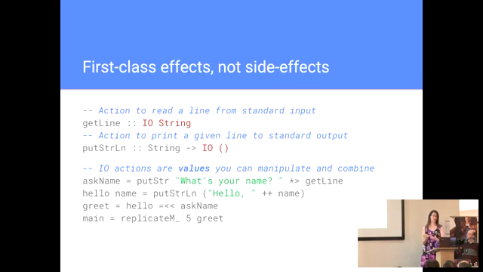The second thing that comes up with Haskell that's different to Python is that there's no side effects. This is what's meant with Haskell being a purely functional language. So instead of side effects, you have first-class effects. So you might know in Python, many things are first-class, but effects aren't. In Haskell, an action like doing getLine or printing something, these are actually I/O actions, which are values which you can manipulate and pass around and combine, just like any other effect.